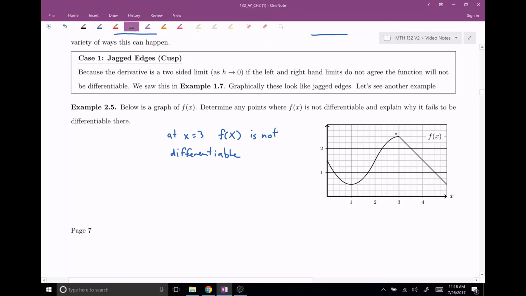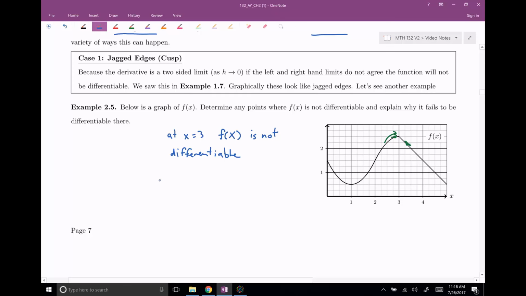So thinking about the slope. As we approach 3 from the left, the slope seems to be maybe approaching even 0. It's positive, but then it's getting smaller and smaller. It's leveling out here. The slope seems to be getting close to 0. But then after 3, if we were to consider a right-hand limit, the slope's kind of constant, maybe like -1 or something like this.